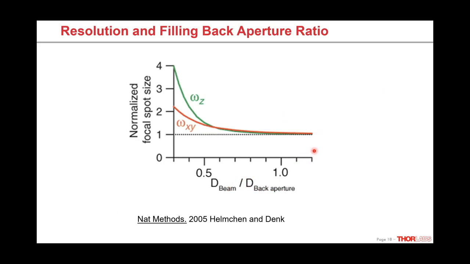To achieve a focal spot size of 1, or ideal resolution, you need to overfill the back aperture of the objective. Then as you reduce the beam size, you reduce your resolution in X, Y, and Z. The key thing to keep in mind here is that the Z resolution decreases even further than the XY. So you're losing much more Z resolution than XY as you underfill the objective.